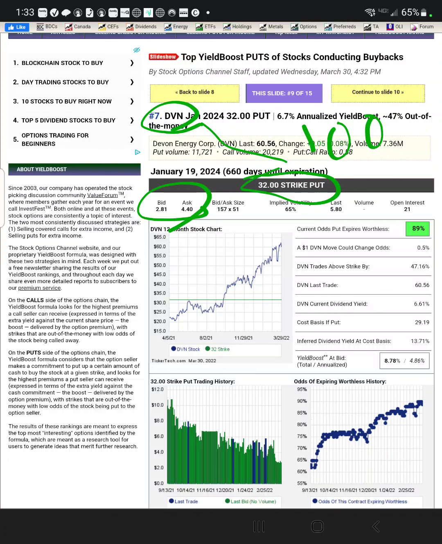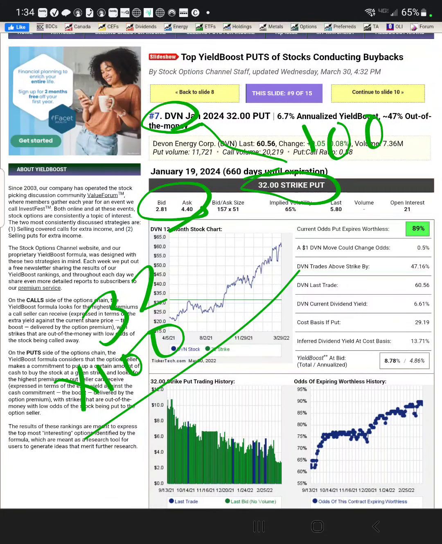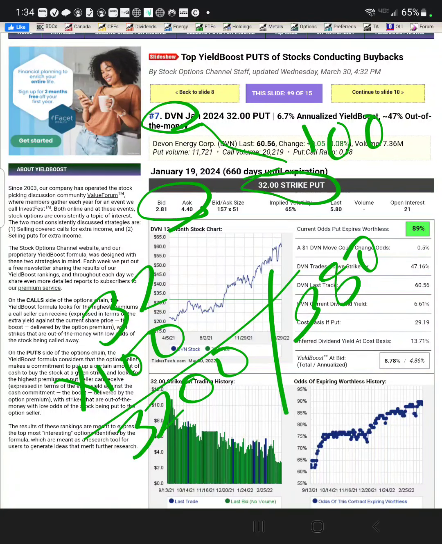So $32 a share times 100 shares. It's going to cost you around $3,200, I guess. And for you saying that you're going to do that, you're going to get, let's say somewhere between there, 380 bucks up front. So you get that 380 now.